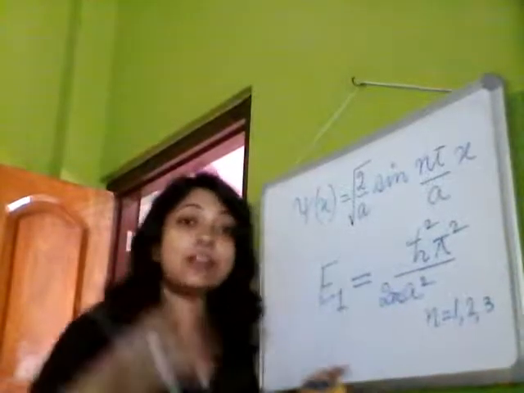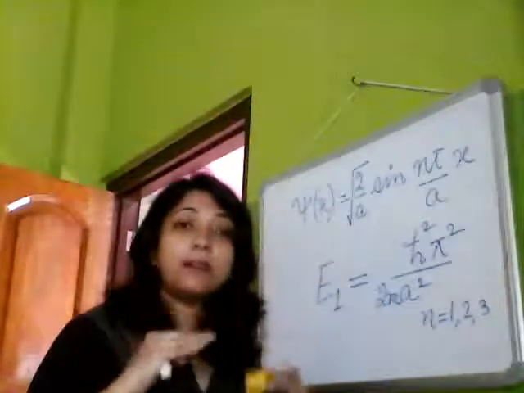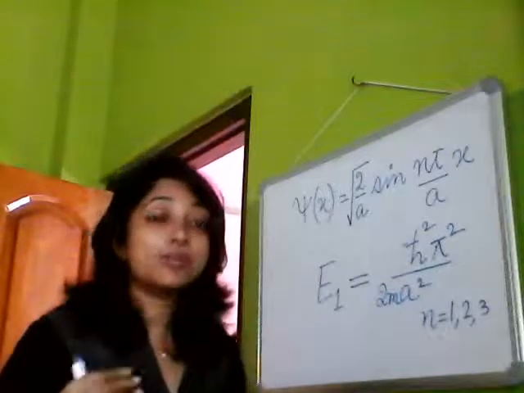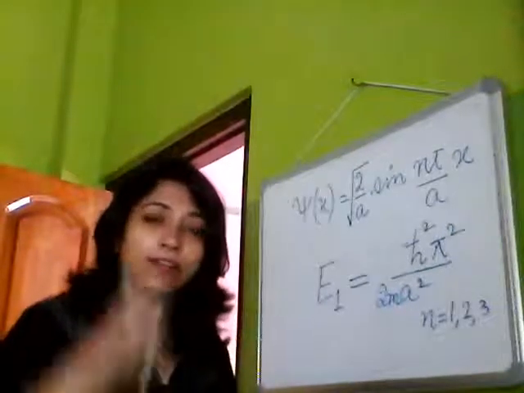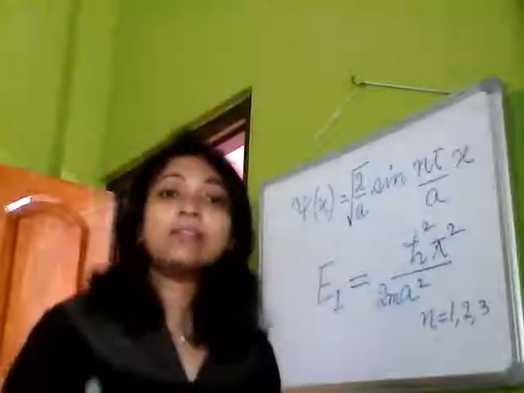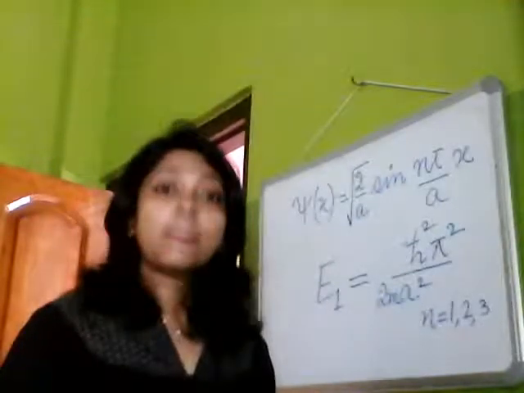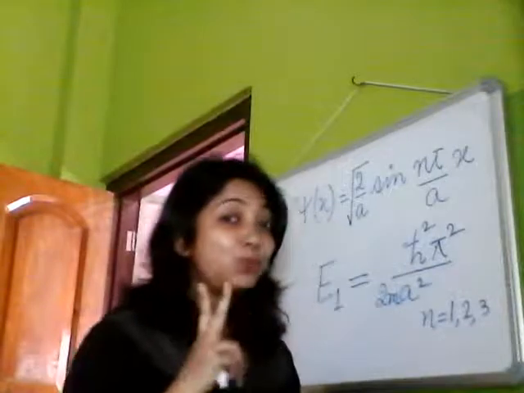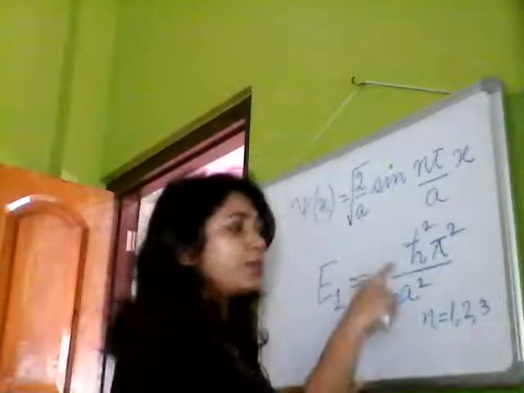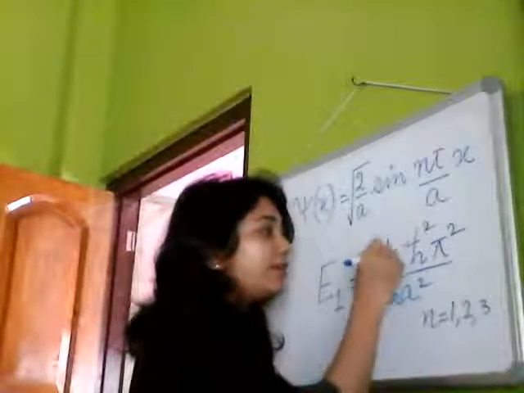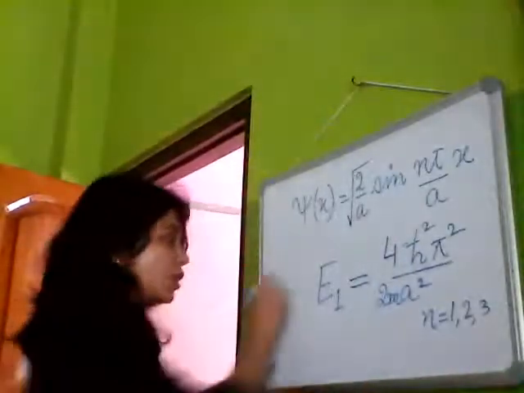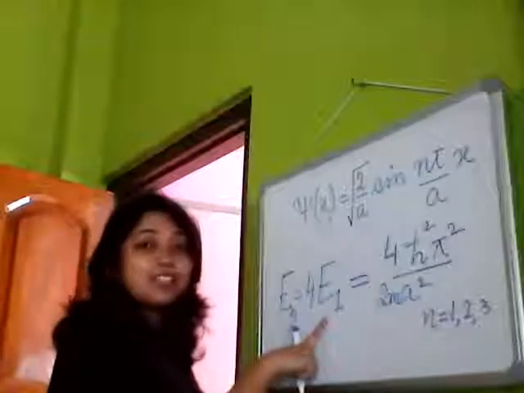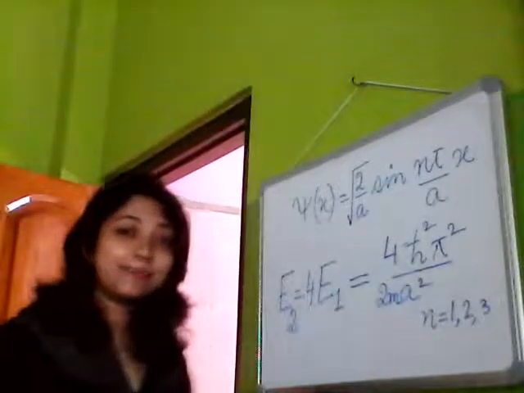So this is the lowest energy the particle confined within the potential well can have. However, when I ask you what will be the next energy it can have, the answer would be when I put in the value of n equal to 2. Because we had an n square here, we will be getting a 4 in this case. So E2 is 4 times the energy of the first energy level, isn't it?